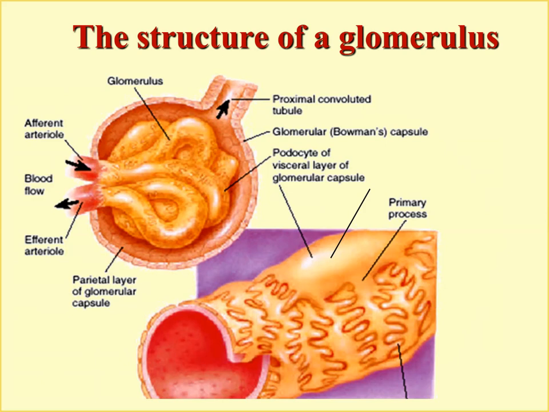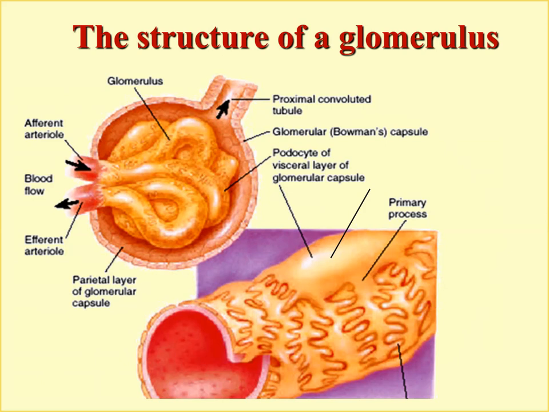Note that the glomerulus itself has a total surface area much greater than the capsule of Bowman, in spite of the fact that it is located within the capsule. Its total surface area is the surface area of all the loops of capillaries that compactly make the glomerulus.